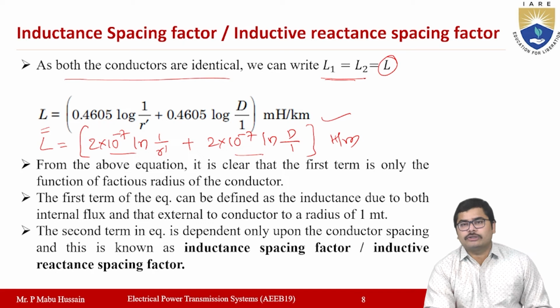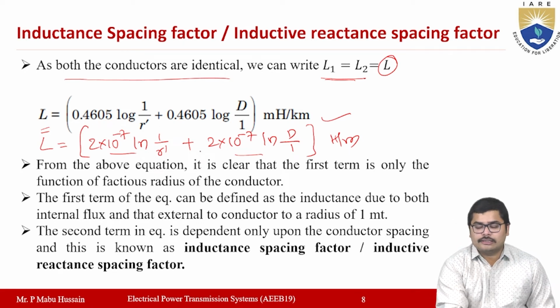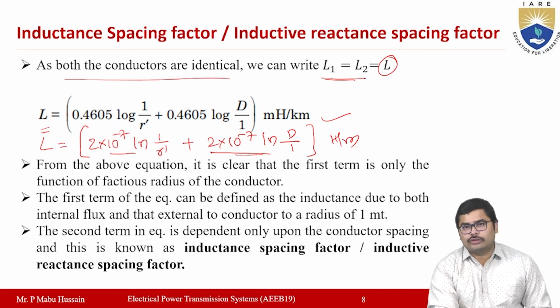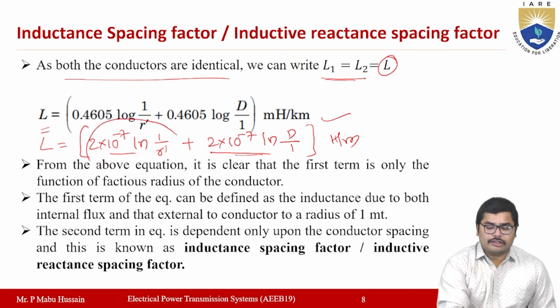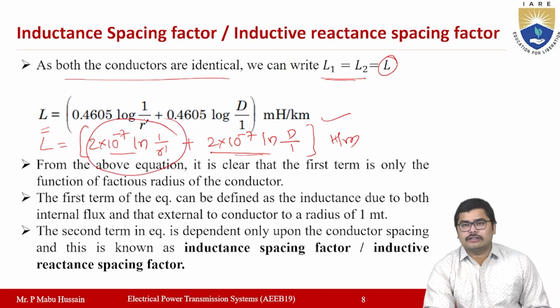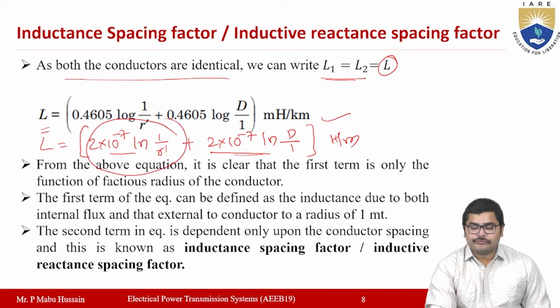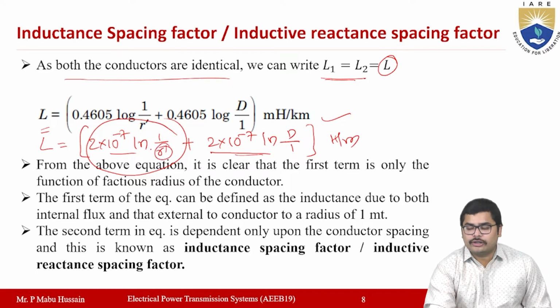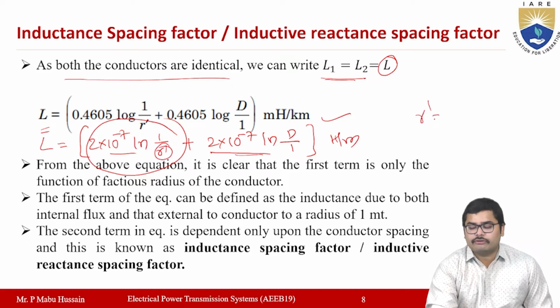The first term is 2 into 10 power minus 7 ln 1 by r dash, and the second term is 2 into 10 power minus 7 ln d by 1. The first term depends upon r dash, which you can call a fictitious radius, and this r dash value you already know, which is 0.7788 times r.